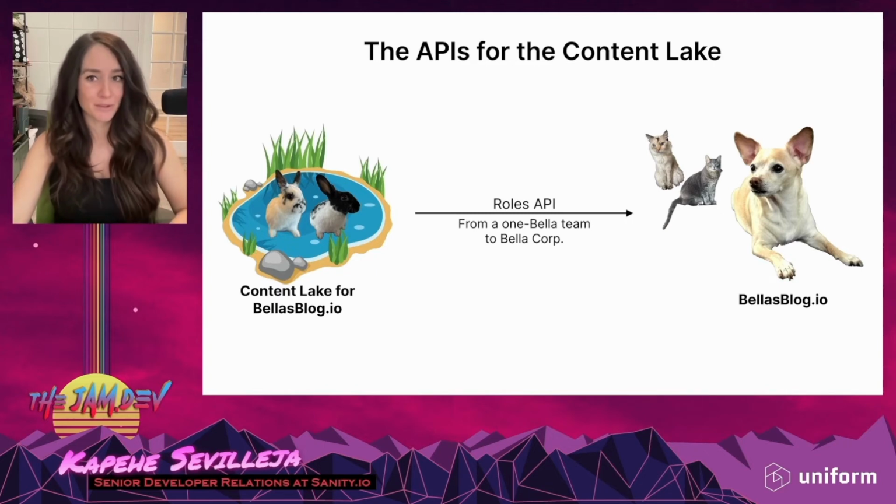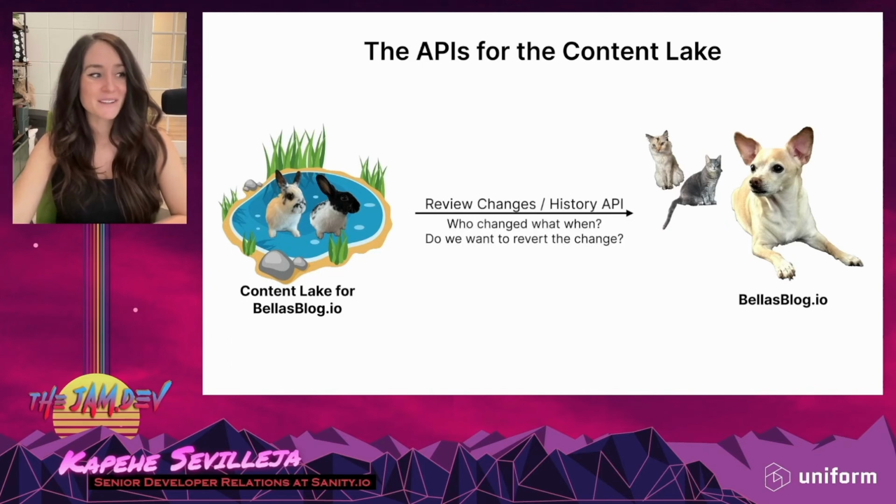This is Bella's blog, it's important stuff, so she only wanted to give full access to some. Bonnie and Clyde are able to update, create, delete, do any of the things that need to happen. And Polly and Hilo, the cats, only have read access. Bella was able to set that up using the Roles API.